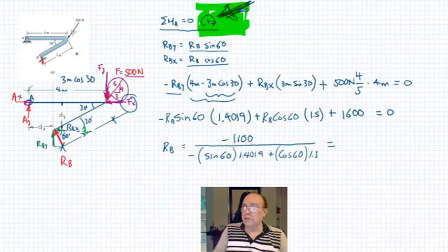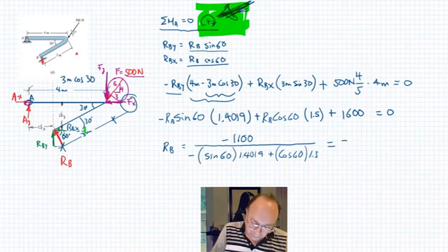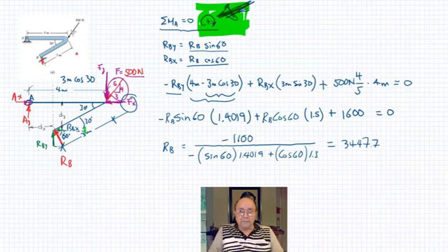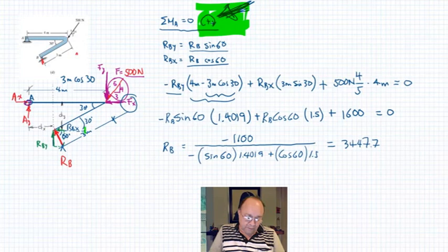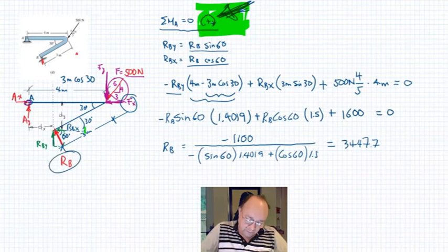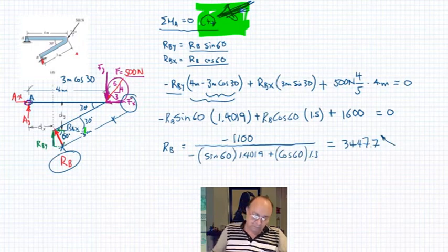This is going to be 3,447.7, positive, meaning that the assumption that we made about the sense of the force RB is correct, so this force goes in this direction.